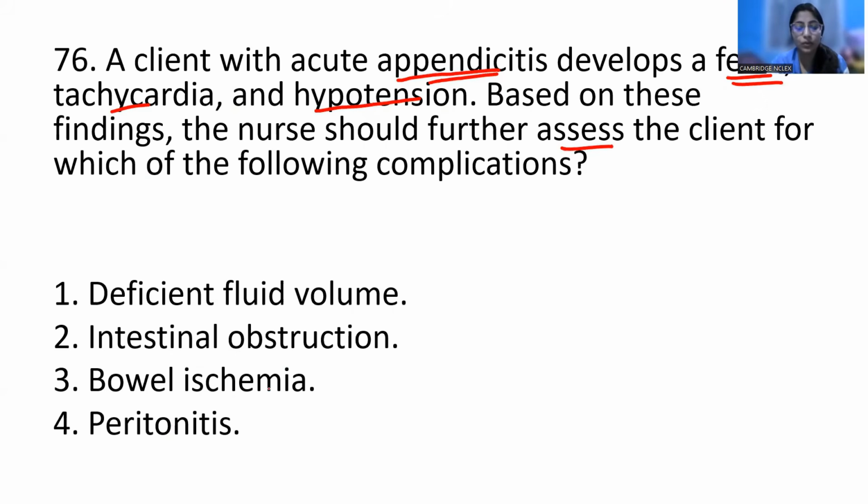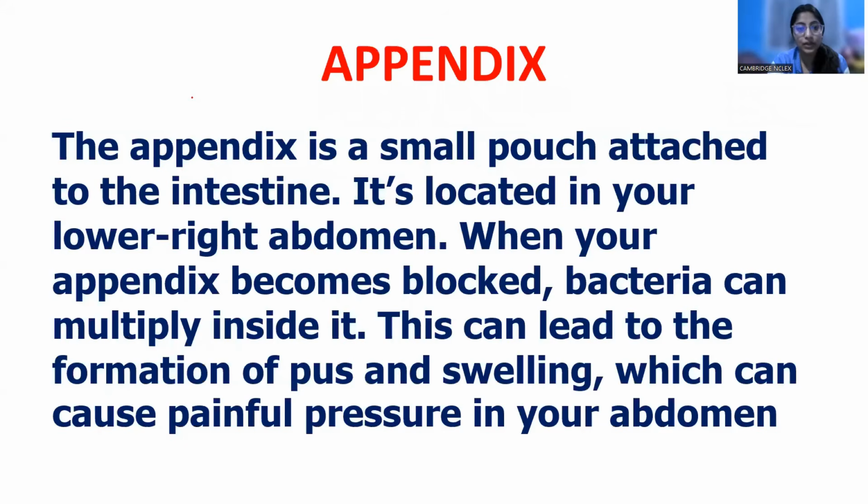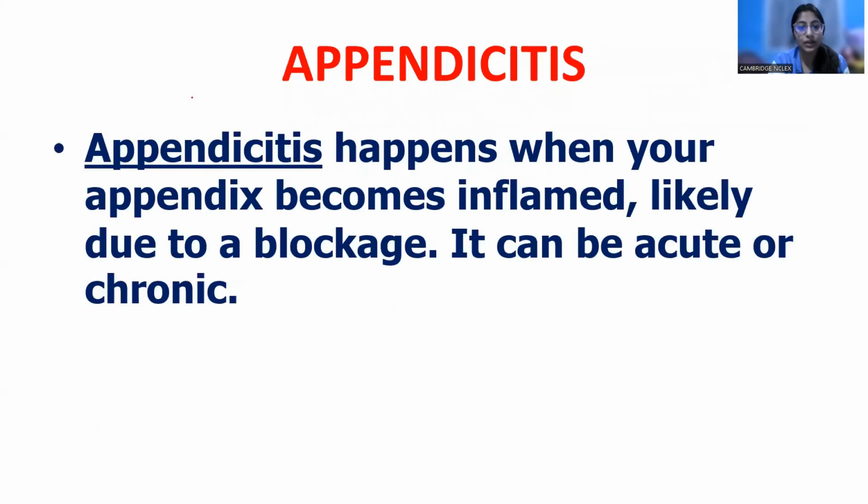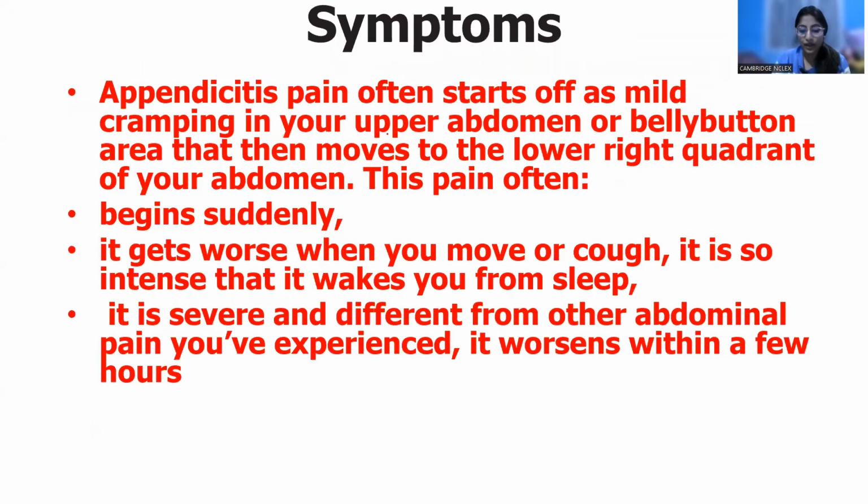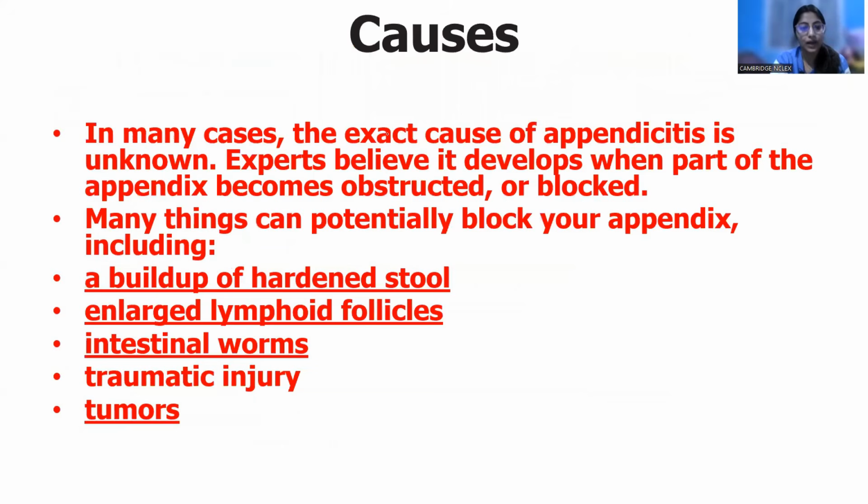So here, we need to understand the concept of what could happen after appendicitis. Since the patient has a fever and tachycardia, which means an increased heart rate, and is also experiencing hypotension, this suggests the patient may be developing some form of peritonitis. Now, how can we tell?